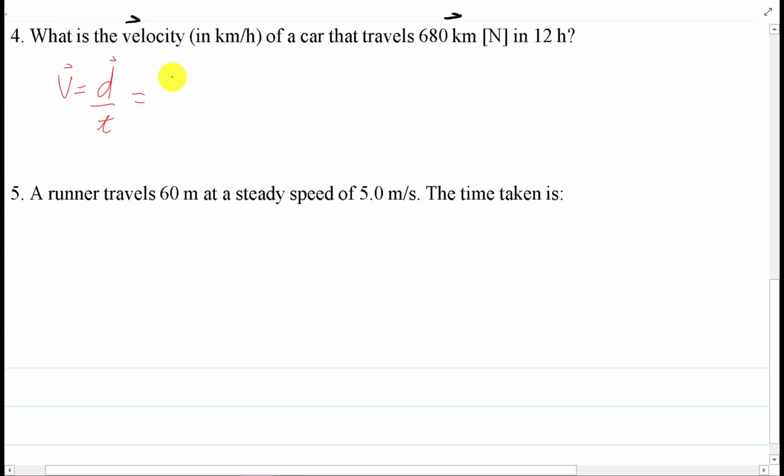The displacement is 680 kilometers north, and the time was 12 hours.